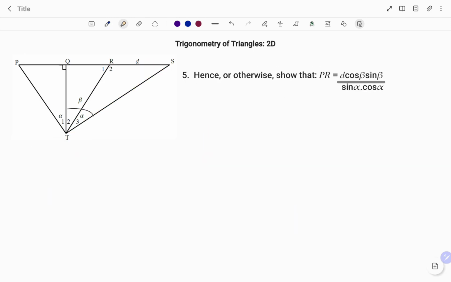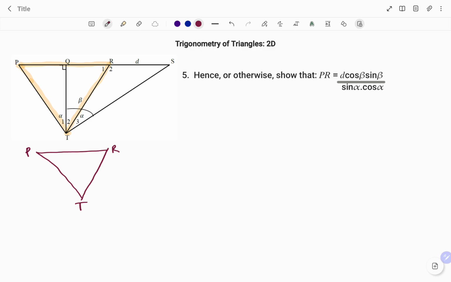Because I'm looking for the line PR, I'm going to use the triangle PRT as shown, and drawing out a rough sketch, I have P, R, and T. Putting in the values that I have, angle at P equals, from the third part of the question, we've been able to show that the angle at P is 90 minus alpha.